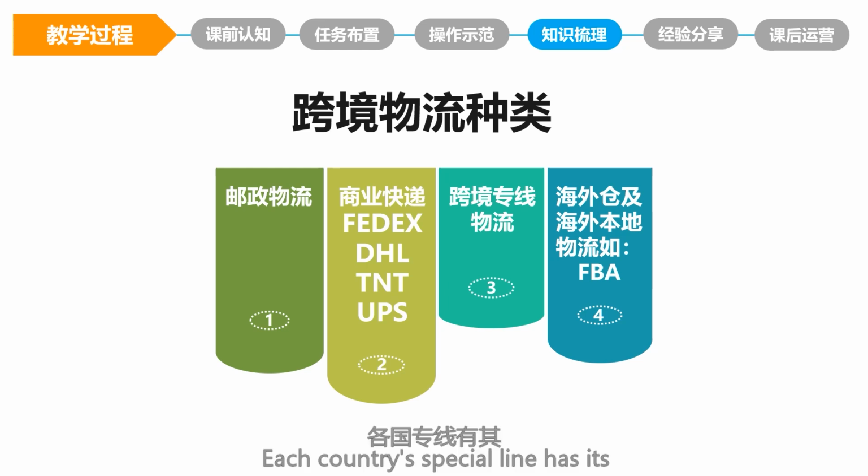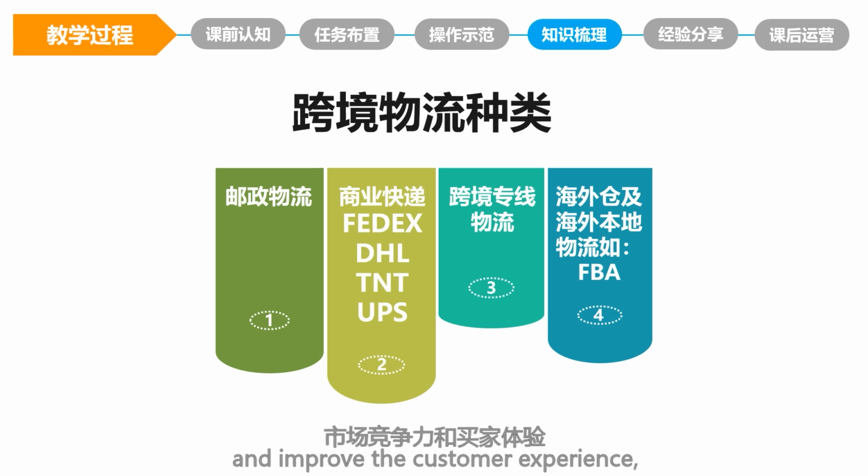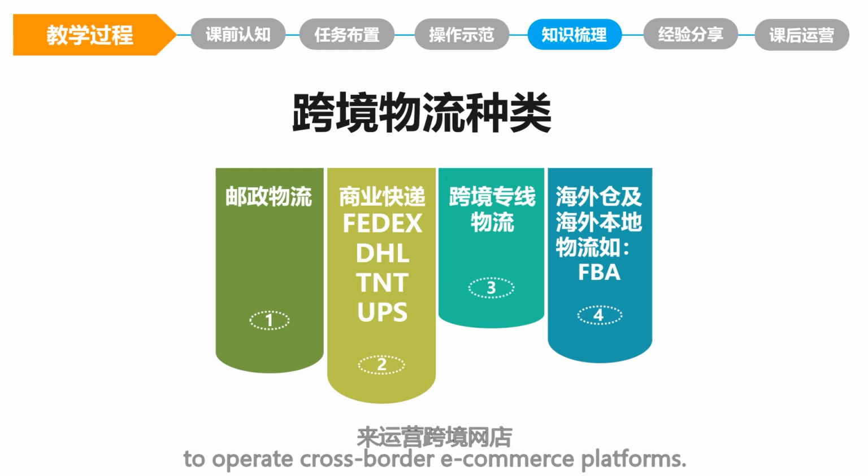Each country's special line has its irreplaceable advantages and is often favored by sellers. To enhance cross-border products' competitiveness in the market and improve the customer experience, overseas location, such a type of logistics, can be considered to operate cross-border e-commerce platforms.